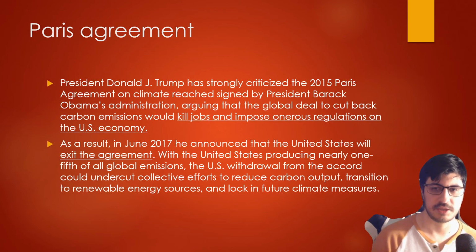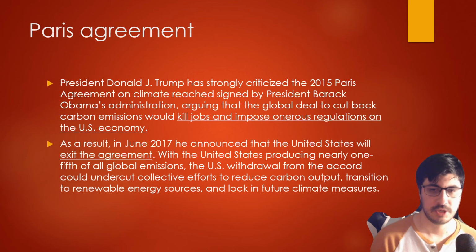He claimed that the cutback on carbon emissions would kill jobs and impose onerous regulations on the U.S. economy. With the United States producing nearly 1/5 of all global emissions, withdrawing from the accord could undercut collective efforts to reduce carbon output, transition to renewable energy sources, and lock in the future climate measures and changes that are already underway.